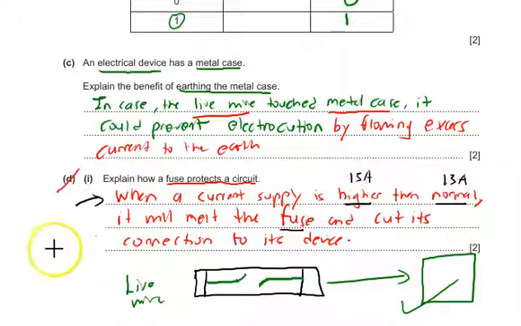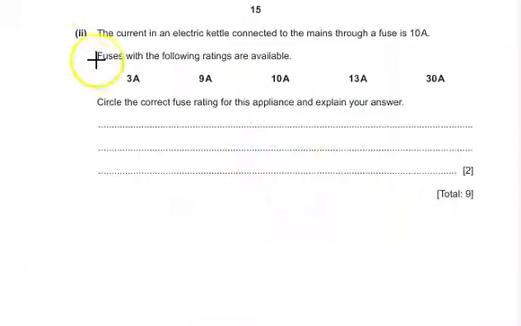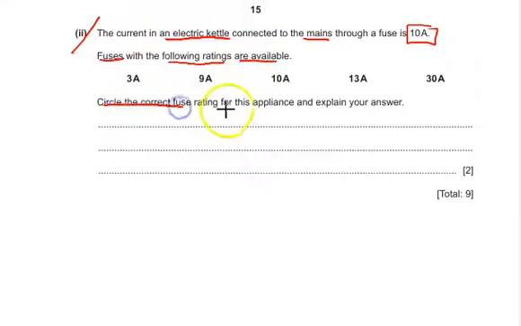Alright, so we move on with the next one. Number 2: the current in an electric kettle connected to the mains through a fuse is 10 ampere. Fuses with the following ratings are available. Circle the correct fuse rating for this appliance and explain your answer.